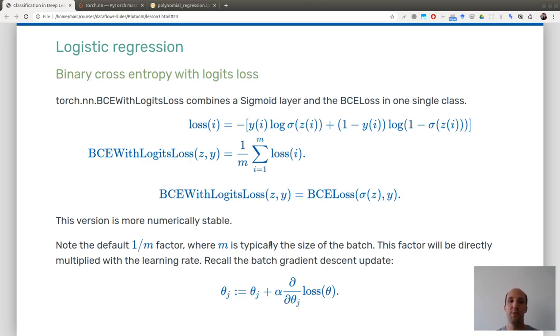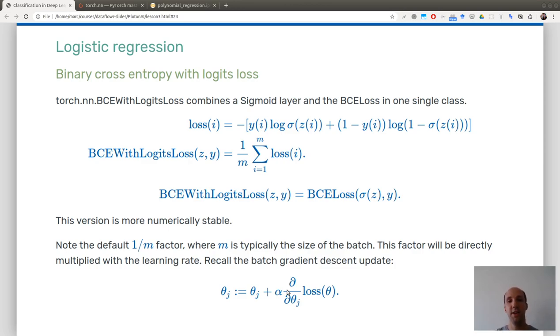You have to be a little bit careful about this, because remember that you will then take the gradient with respect to this loss. So if you are multiplying your loss by a factor, this will multiply your gradient by the same factor. Typically, M here is the size of a batch. So when you are doing your update, you are taking the average over your batch, and then you are multiplying with the learning rate.